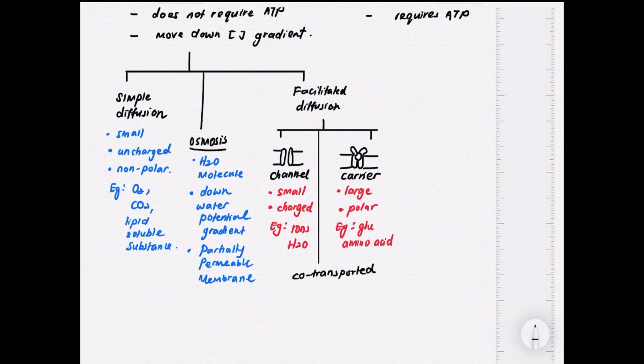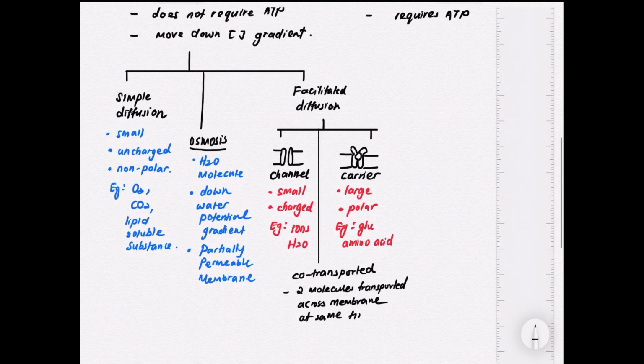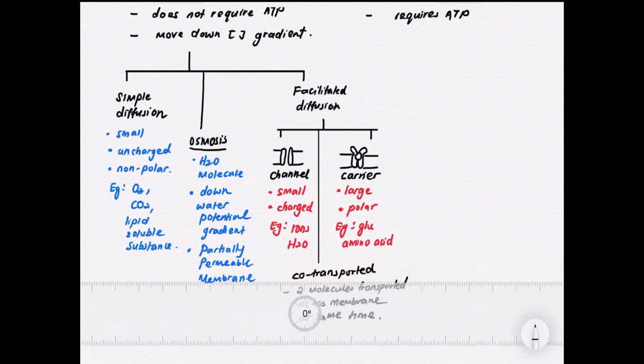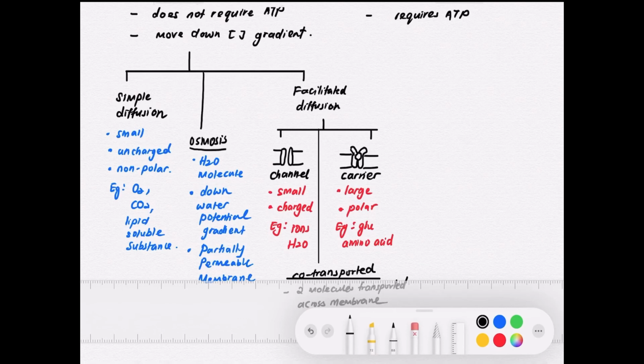And usually, these molecules are of different types, where one of the molecule will be moving down the concentration gradient, whereas the other one will be moving against the concentration gradient. That's why I say it's a very special kind of transport, because despite the second molecule being against concentration gradient, it does not require ATP. So it's under passive transport.